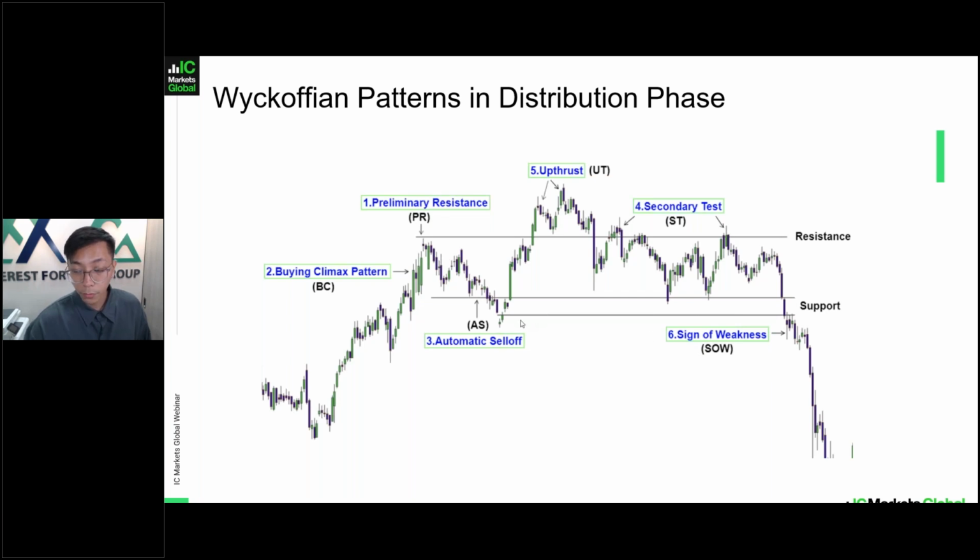It broke the low of this automatic sell-off, and then you can enter your sells. SOW can form like a normal pullback or minor consolidation at the support level of the distribution range. So right here, it's a confirmation that buyers have lost momentum and prices will continue to fall on the downside.